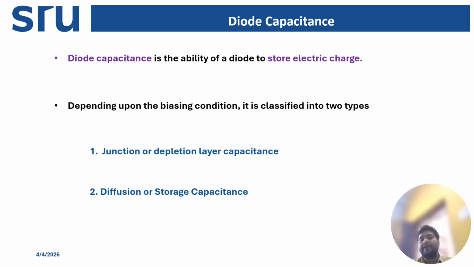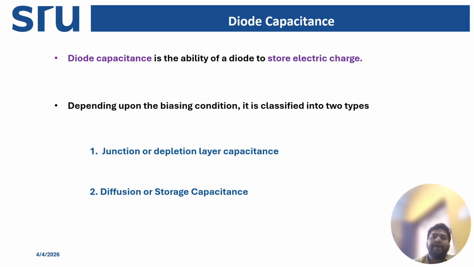Next is capacitance in a diode. So first, why does capacitance occur in a diode? Many students think diodes only conduct current, but in reality a diode also behaves like a capacitor under certain conditions.